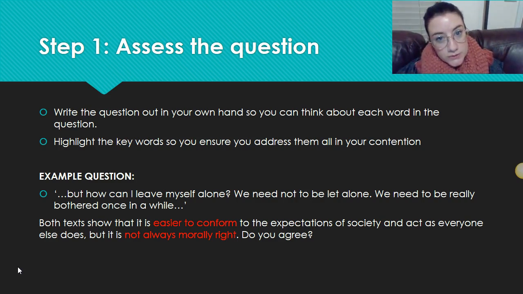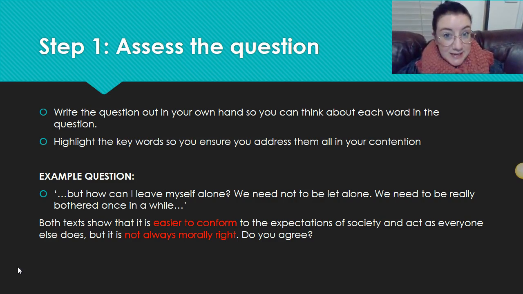So it's kind of a two-part question. You've got the quote, and then you've got the question. Something to keep in mind as well, if there is a quote with the question, it is important that you address the quote at some point in your essay. Whether that is that you just address the idea in the quote.